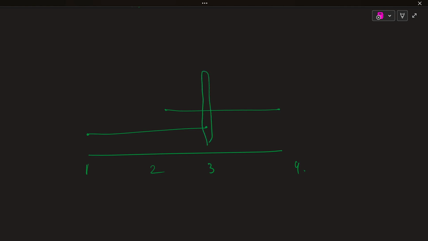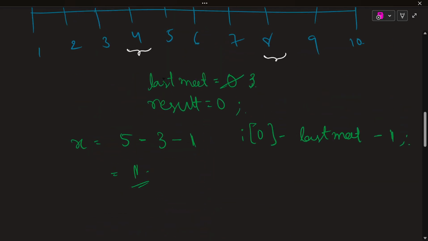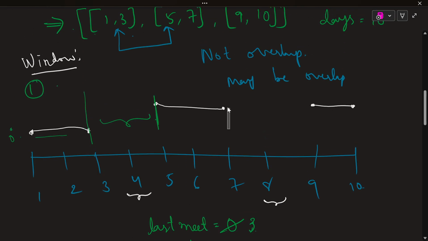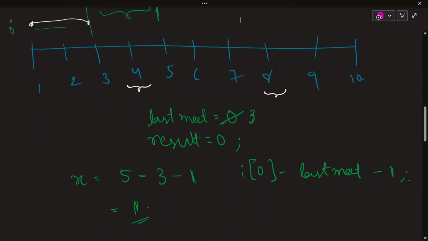For the overlapping, we take the greatest element of these two arrays as the overlapping time. That is the last meet. So the last meet will be updated to this element.